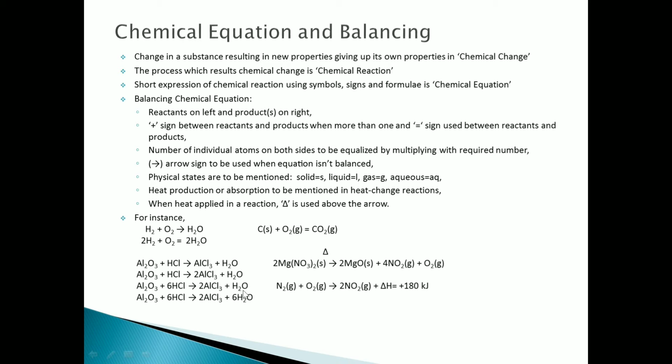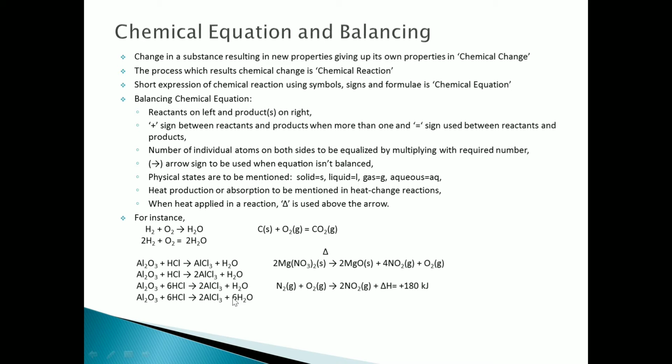Therefore these are not balanced. To balance this unbalanced number of hydrogen atoms, we shall again use an integer to multiply the water molecule.